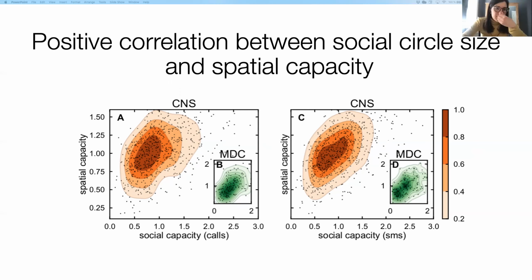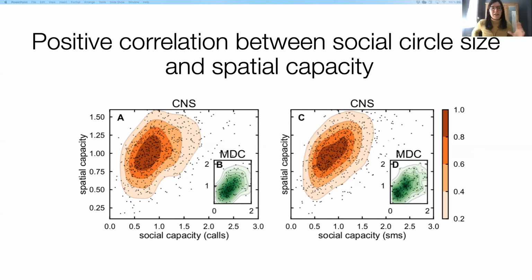And we saw that there is a positive correlation between the number of social contacts that one would frequently contact or talk to, and the spatial capacity, or number of places that people would go to.